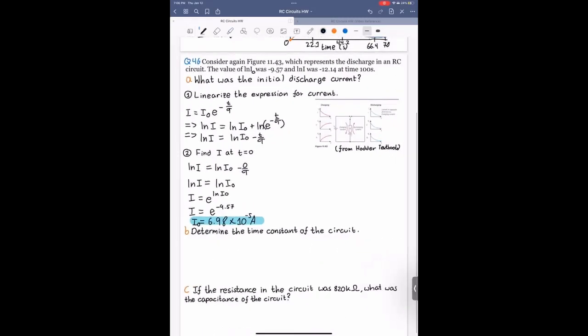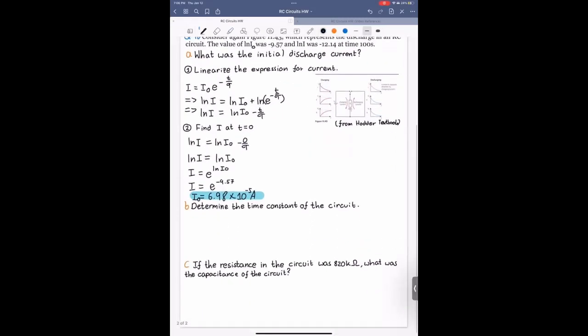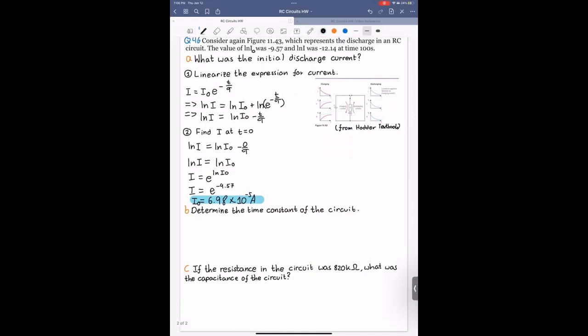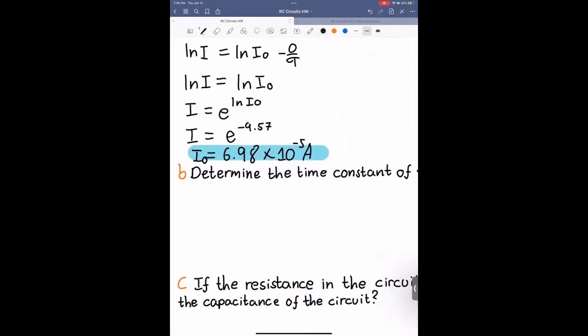Cool. Now, part B asks us to determine the time constant for the circuit. All right, since we're given ln I at 100 seconds, that's negative 12.14, I think it would be a good idea to stick with our linearized expression.